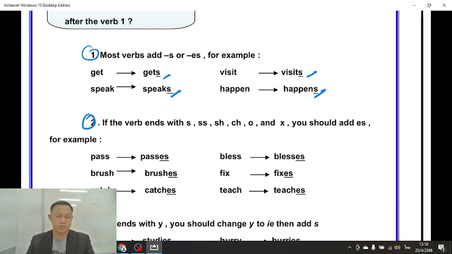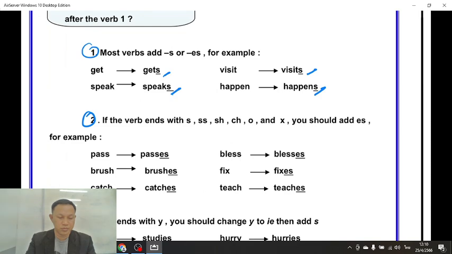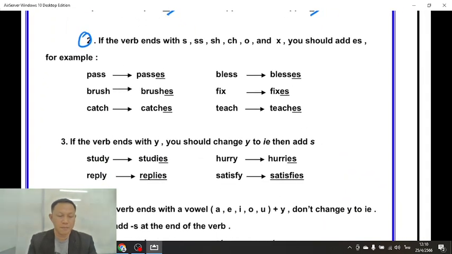For example, pass, passes, brush, brushes, catch, catches, bless, blesses, fix, fixes, teach, teaches.